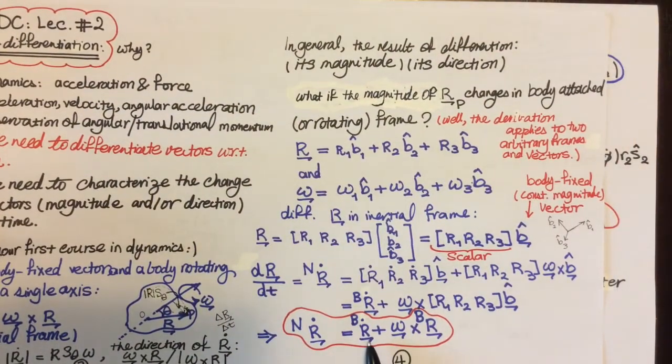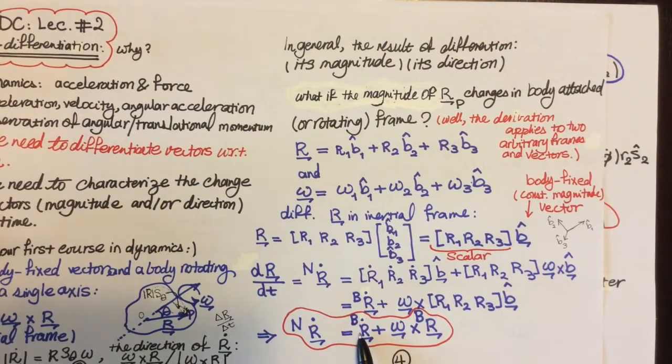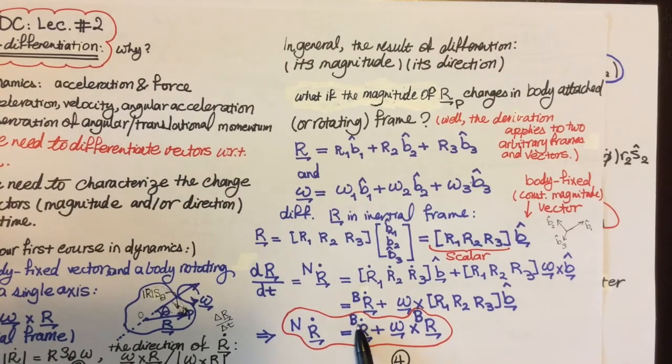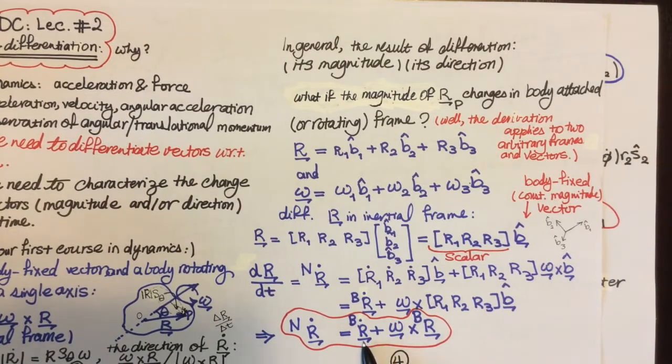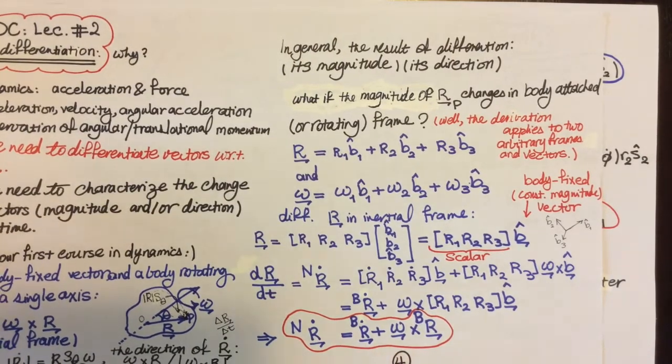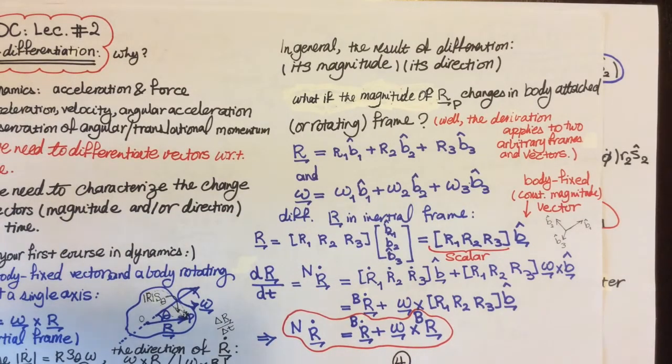We needed to differentiate this vector in our secondary frame B, and then add the omega cross R to that first R dot. To explain it, I said that the vector varies because of two things: either its magnitude, or the rotation of the secondary frame with respect to the initial frame.